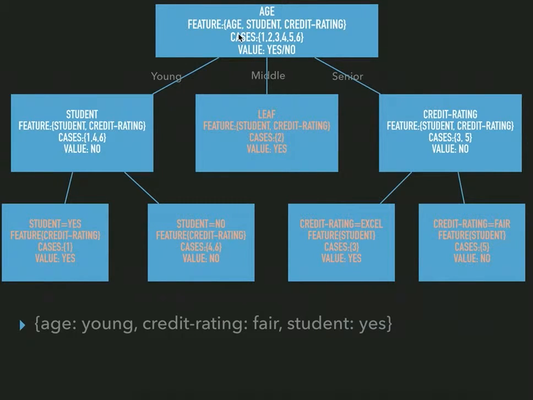When we move from one node to another, we move from the father to the children and consider the attribute of the father, which is age in this case, and consider our value in our example, which is young. So we will move to this node because it has age equal to young. Similarly, the same process is repeated until we reach the leaf of the tree and we return the predicted values.